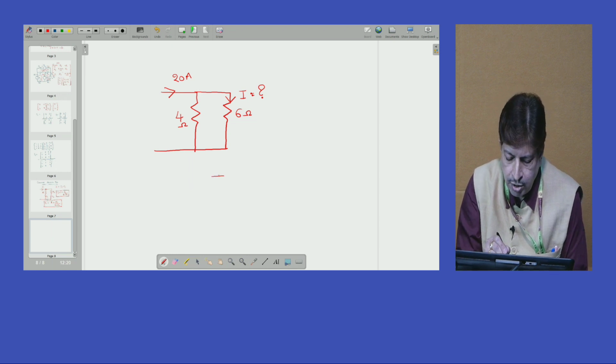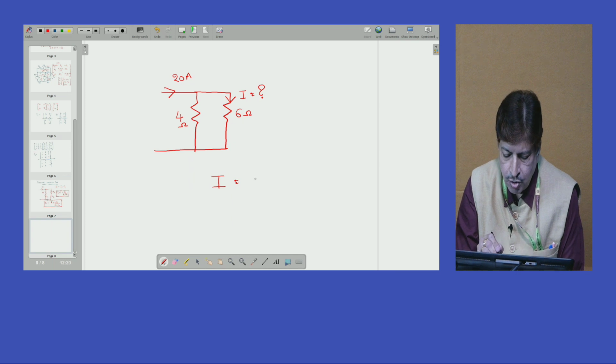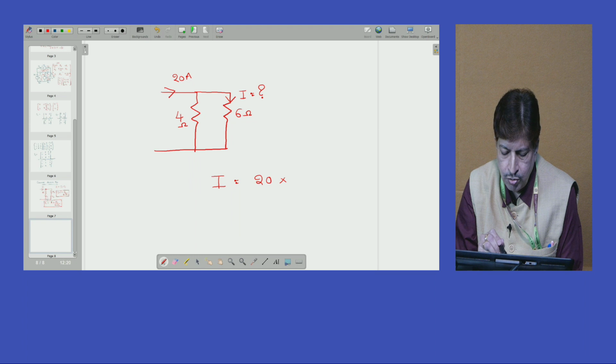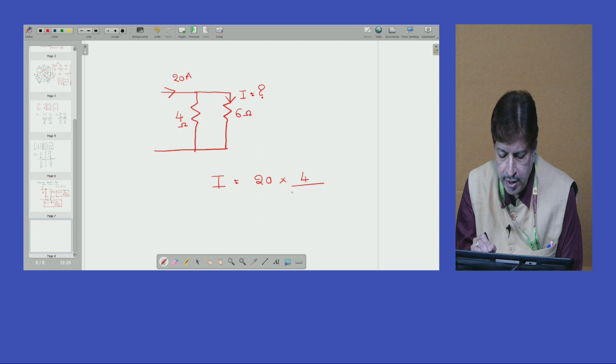So according to the current division principle, current in one of the resistors is total current into the resistance opposite to it or parallel to it, by 4 plus 6. So what is this? 8 amperes.